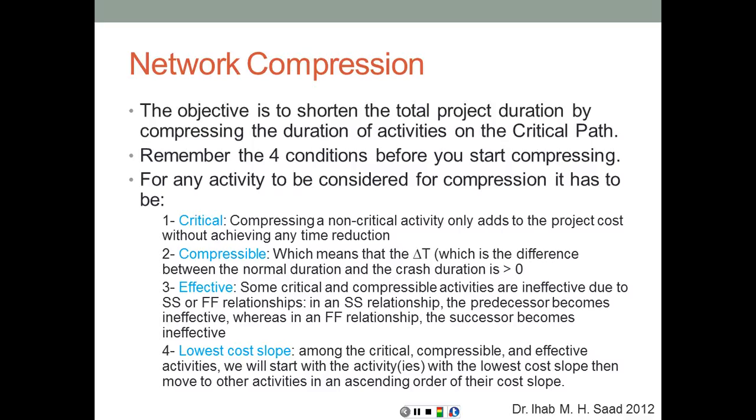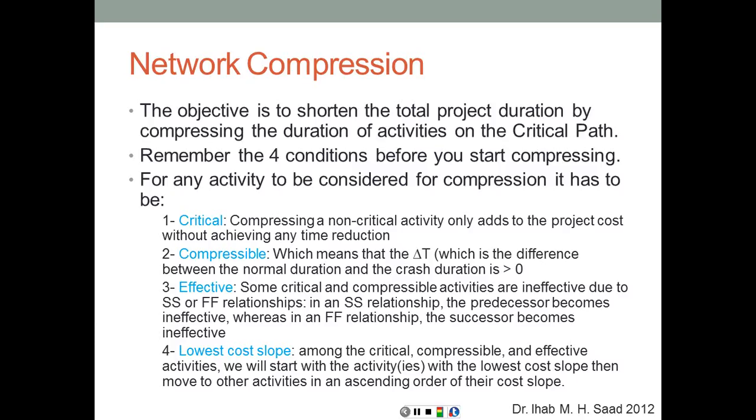What's driving the completion date for the second one is the relationship with the previous predecessor. So if you shorten the duration of that last activity by itself, it's not going to achieve anything, because it has to wait for that number coming from its predecessor anyway. Therefore, if you have a start-to-start relationship on 2 critical activities, the first one would be considered ineffective. If you have a finish-to-finish relationship on 2 critical activities, the second one or the successor would be considered ineffective.